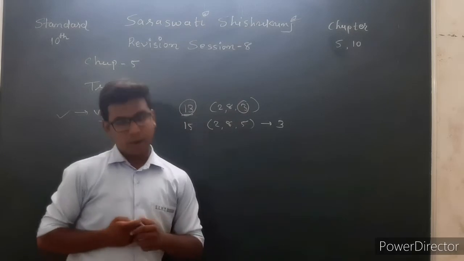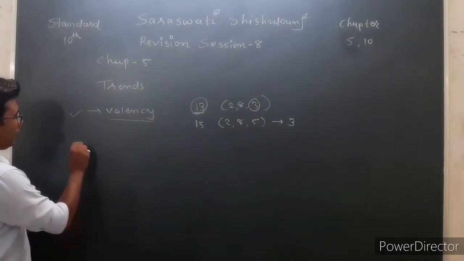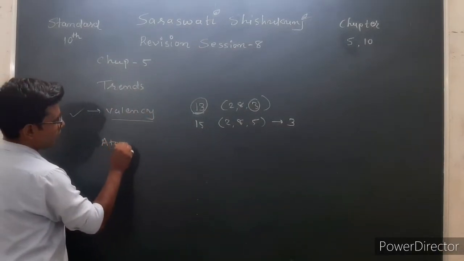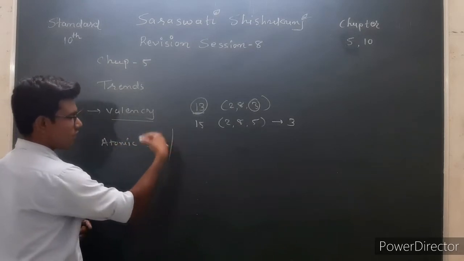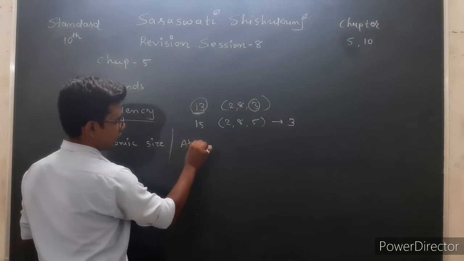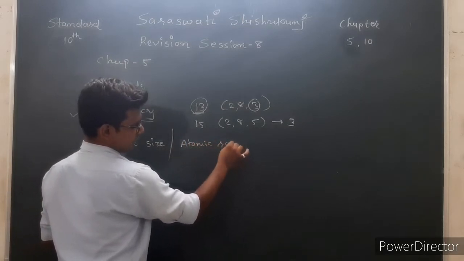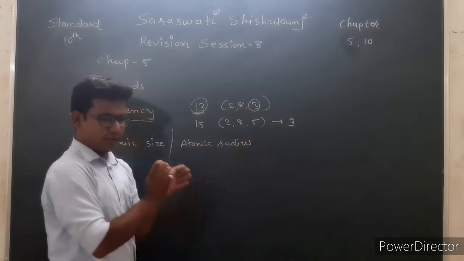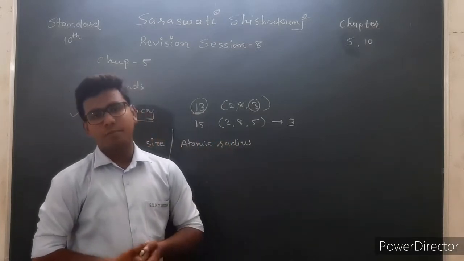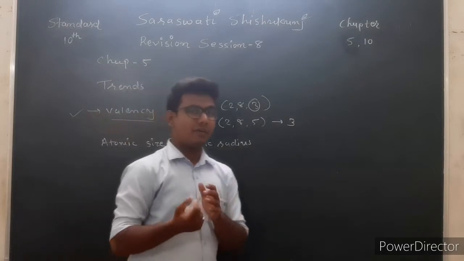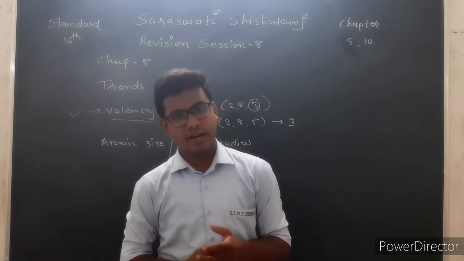After that, if we talk about atomic size, this atomic size also refers to atomic radius, because as we know, if the radius is more, the atomic size will also be more. So what trend have we understood in atomic size or atomic radius?